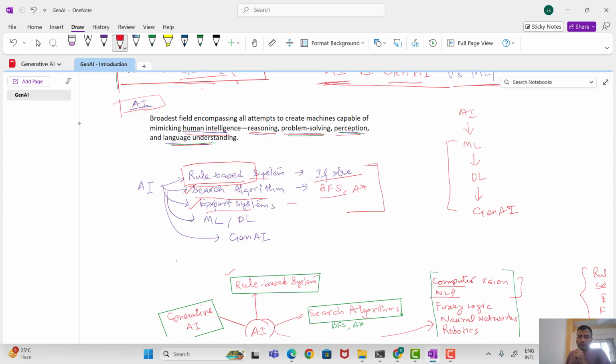Another approach was to find an efficient search algorithm to solve a problem. Like breadth first search and A star, and many different approaches for search algorithms were invented.